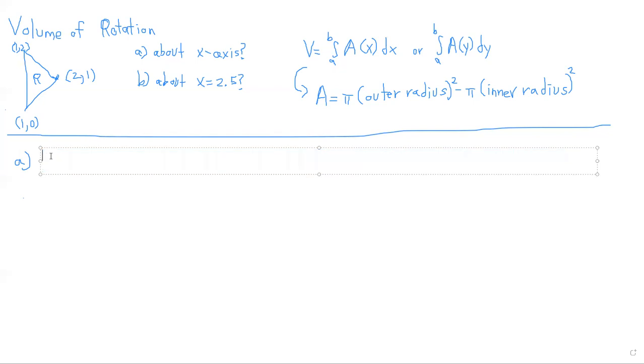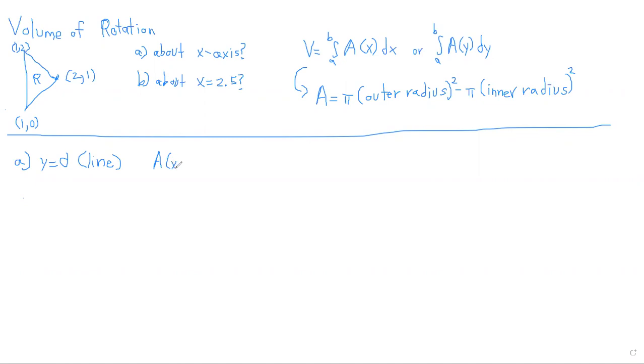So here, we're rotating it about the x-axis. And when you're rotating it about the x-axis, that's equivalent to rotating it about y is equal to 0. That's the line we're rotating R about in this question. So we're going to be using it with respect to x. So first of all, let's use the formula.